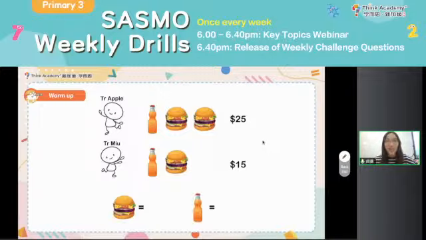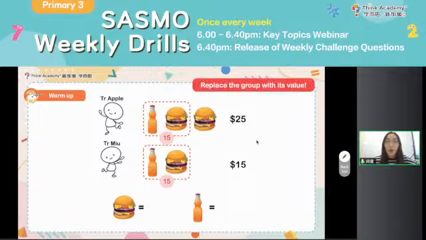Good job. So here you can see how do we figure out the price of each item? Firstly, we start from teacher Miu. You can just group these 2 items, right? And then in total, she spent $15 for both of them. And also you can see the same group in teacher Apple's food. So following this, we find the difference.